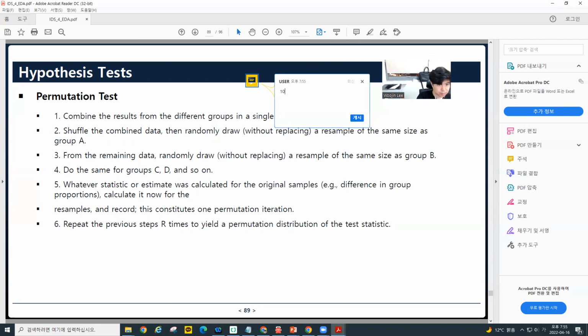There are 5 people from Seoul, and these were their scores.